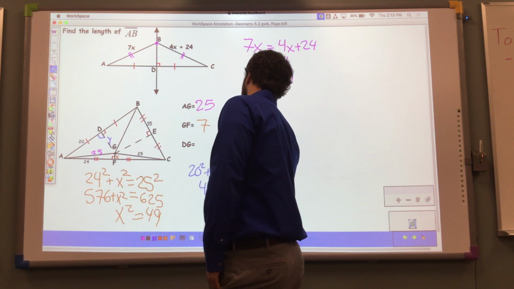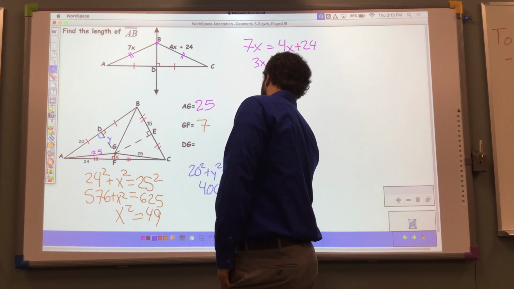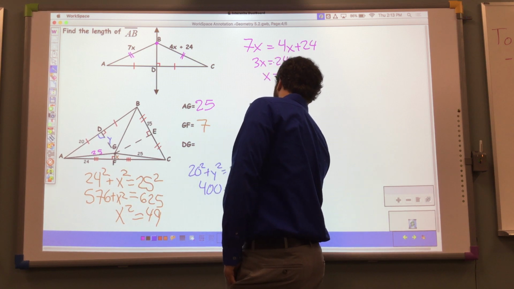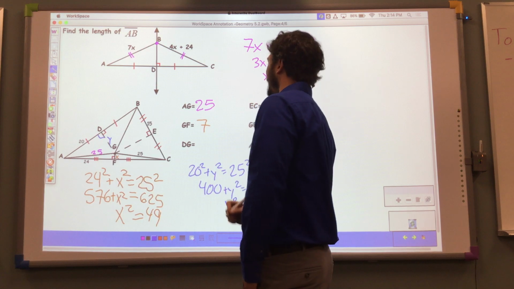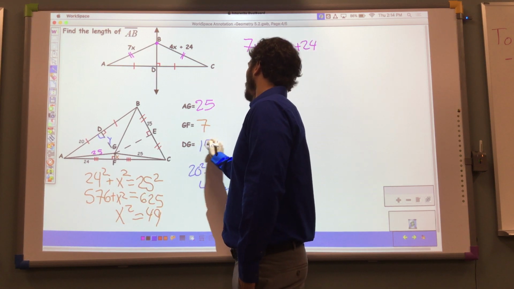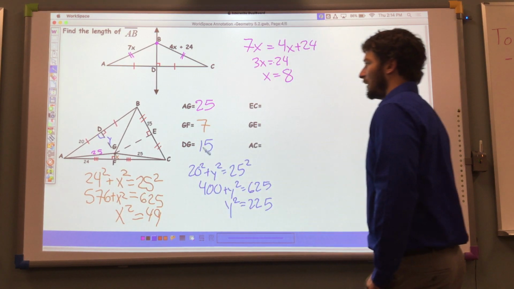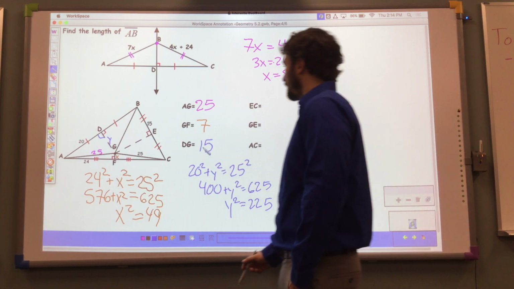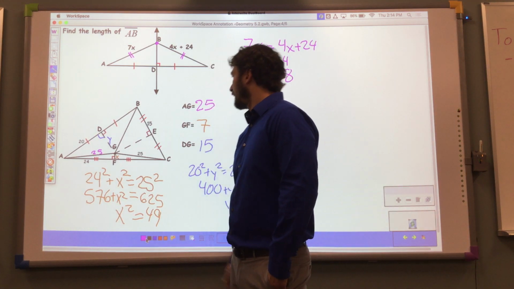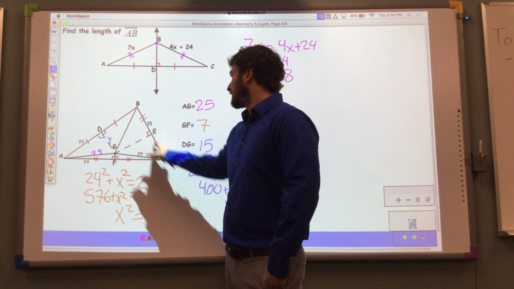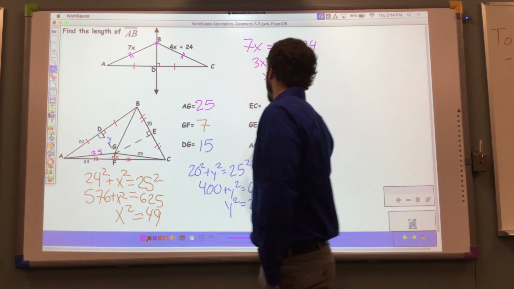So that's 400. Y squared would be 225. And square root of 225 is 15. EC, that should be pretty obvious. It shows you that EC is the same as this one, so 15.